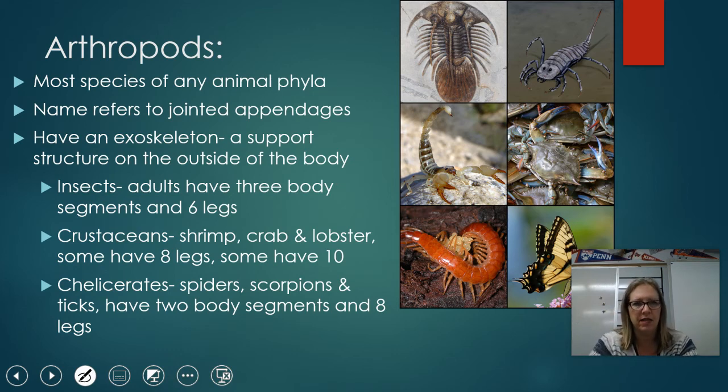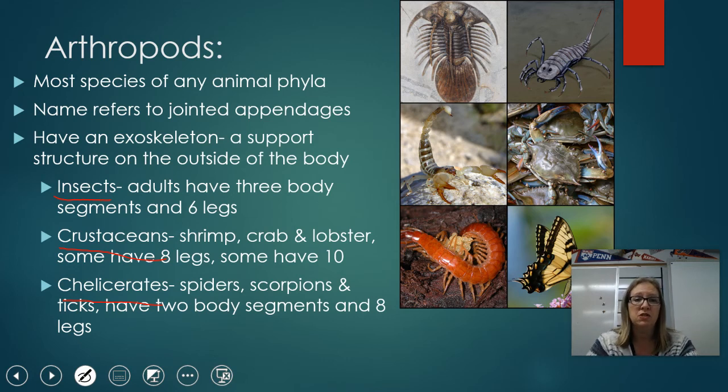But these arthropods have an exoskeleton. And then our three main groups are the insects, the crustaceans, and I don't know how to say that, chelicerates. So the insects, obviously we know the insects, but the pattern that we're looking for is their bodies have three distinct segments and they have 6 legs. Okay.